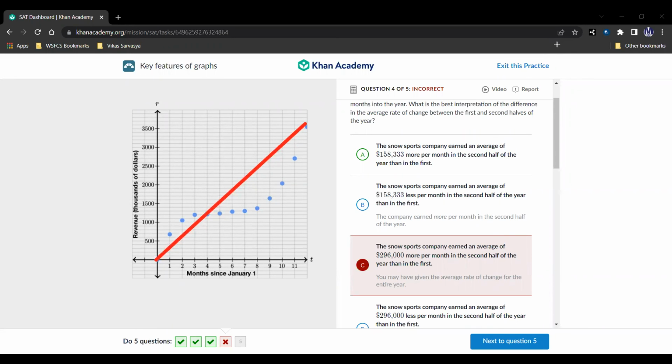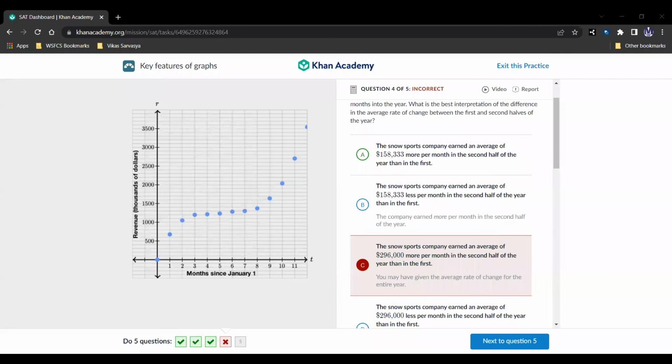That's what we found, like 3.5 million over the 12, and you get $296,000. That's the average rate of change for the entire year. We're trying to find something more like this, something more like this, and then you get $158,000, and that's why choice A is correct.